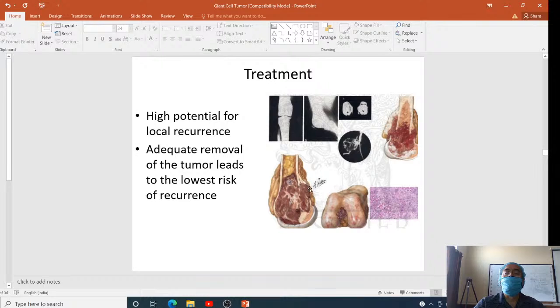And there is a break in the cortex. The tumor has extended into the posterior aspect of the knee joint. So it is up to here, the knee will be there. In the radiology, you can see an expansile, eccentric lesion, and there is a pathological fracture as well. So it looks like this, and this is the microphotograph.